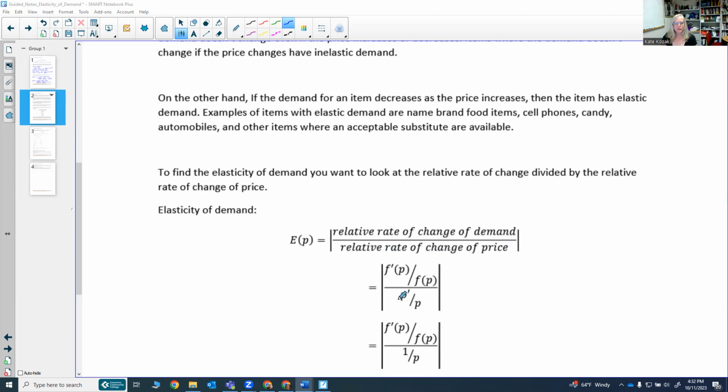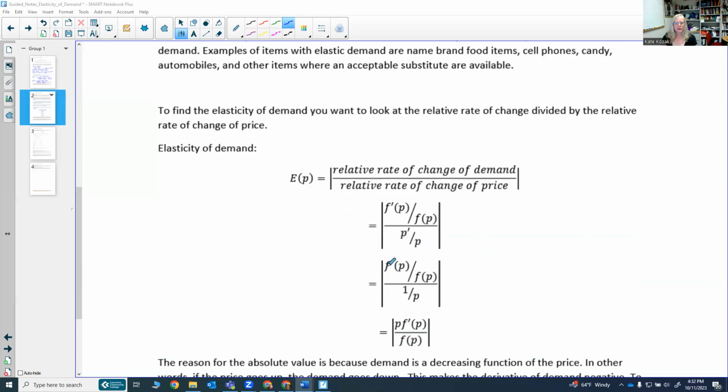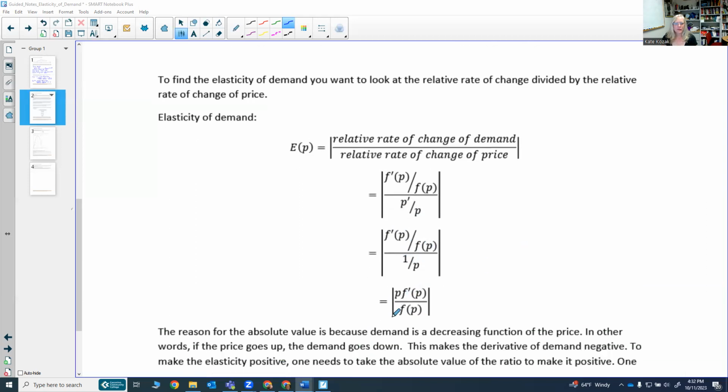And the relative rate of change of price is 1 over P, because the derivative of P is just 1. That gives me F prime of P over F of P over 1 over P. Simplifying this, you get the absolute value of P times F prime of P over F of P.